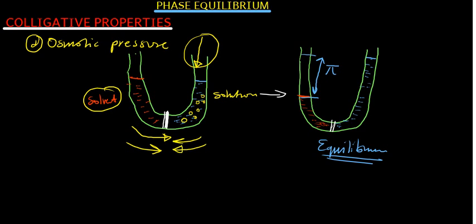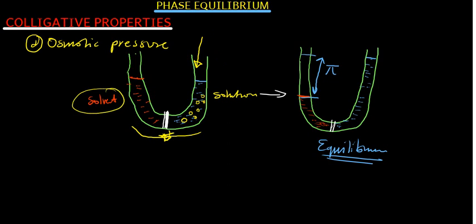So just a very minimum pressure that you have to apply to the solution side to force these water molecules to move to the other solution. That is what we call osmotic pressure.